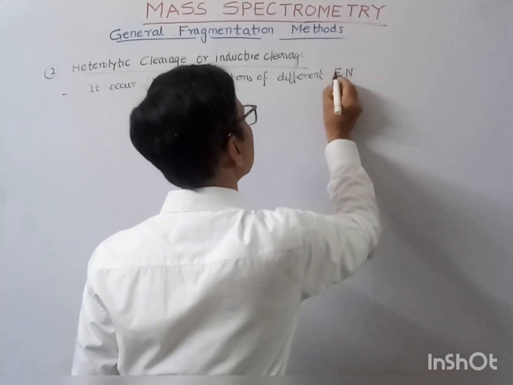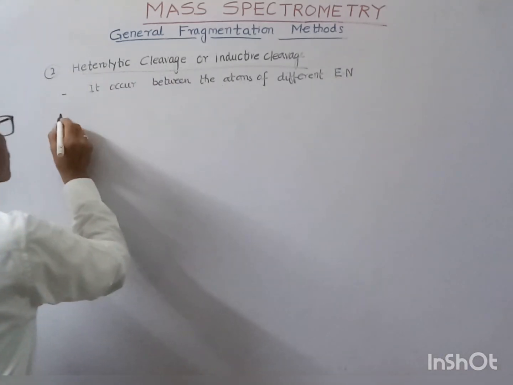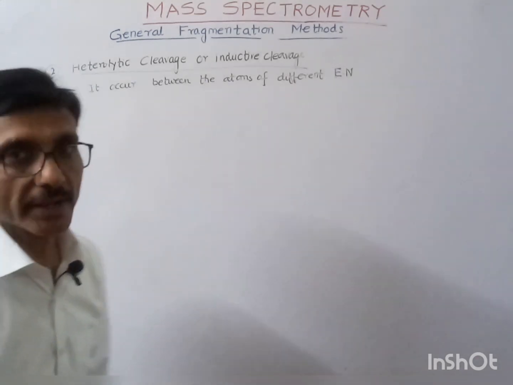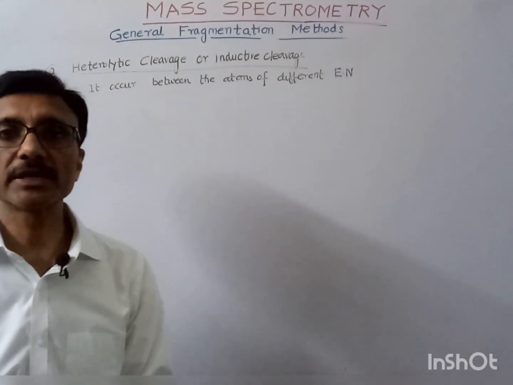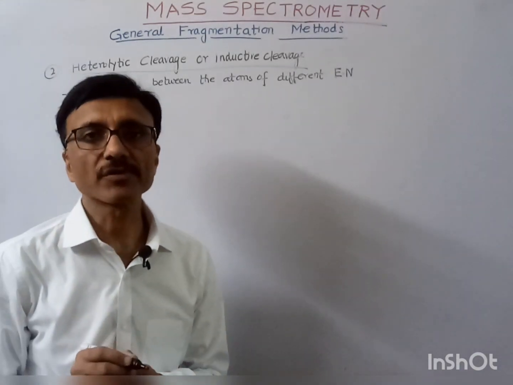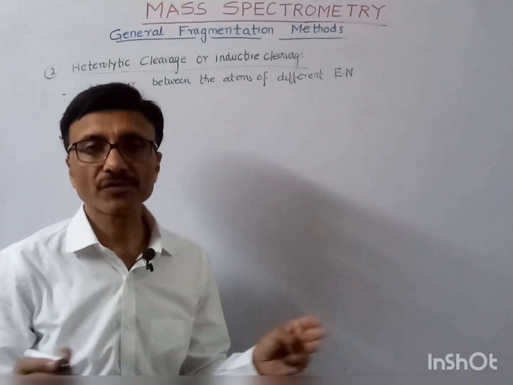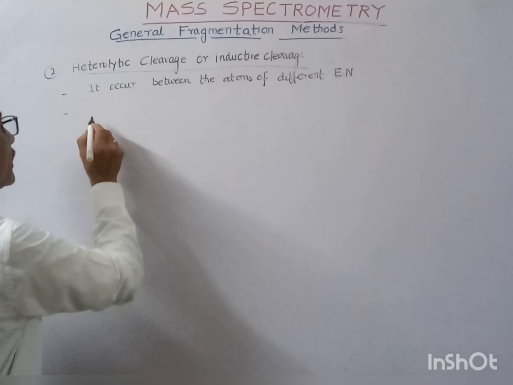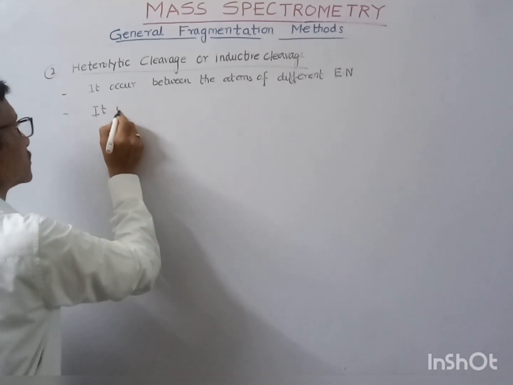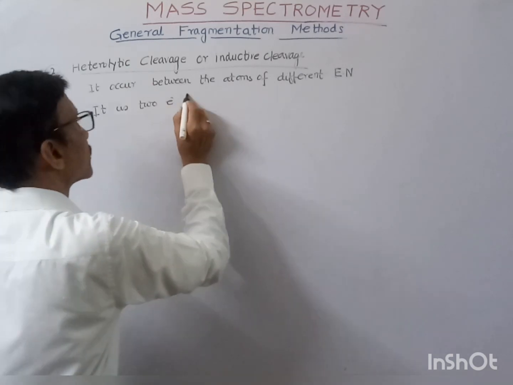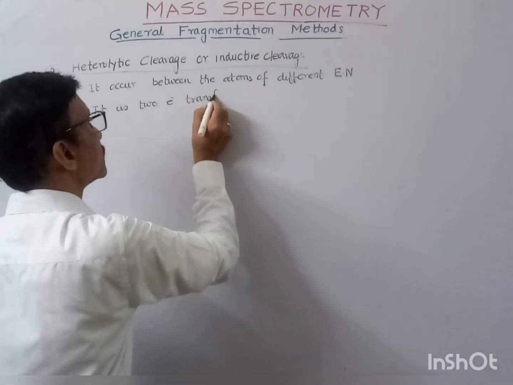Okay, different electronegativity. Next, if you see this cleavage, in alpha cleavage or homolytic cleavage, it was a one electron transfer process. Here it involves the transfer of 2 electrons. So it is a 2 electron transfer process.